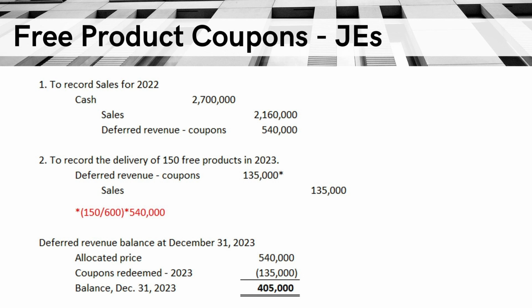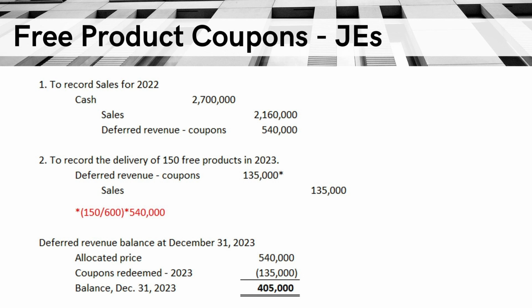Second is to record the delivery of the 150 free products in 2023. So, deferred revenue is debited for the amount of 135,000 and then sales of 135,000. This is computed by 150, okay? 150 that we already delivered, what we already gave, and then 600, which is what we expected to be redeemed.